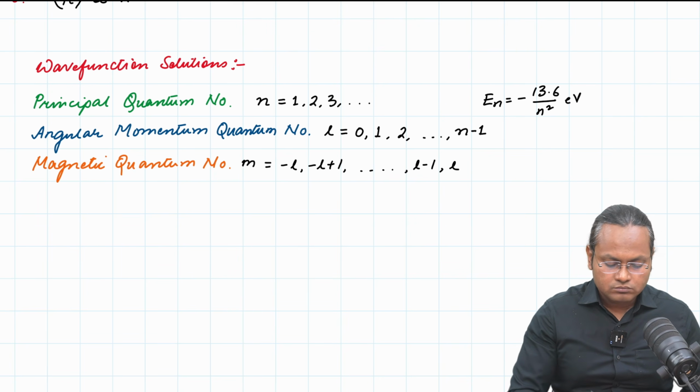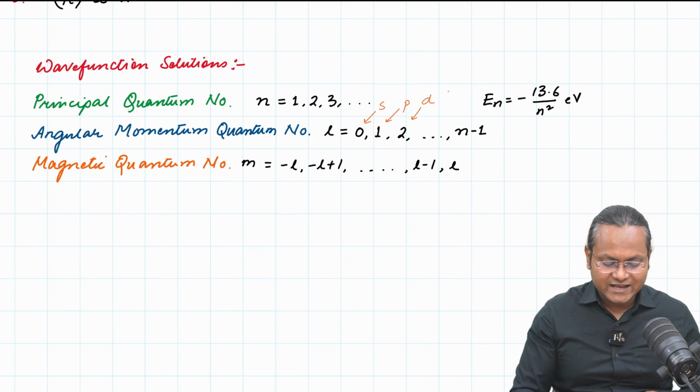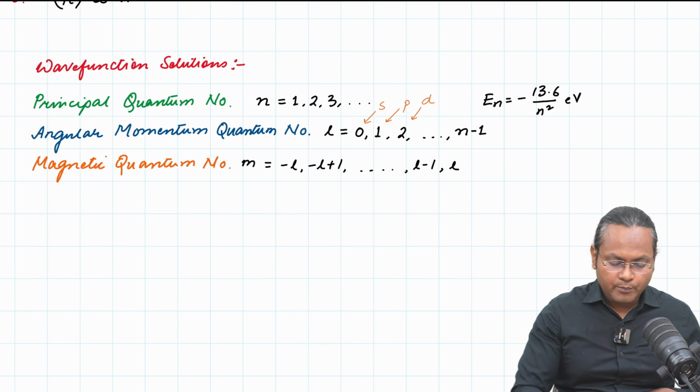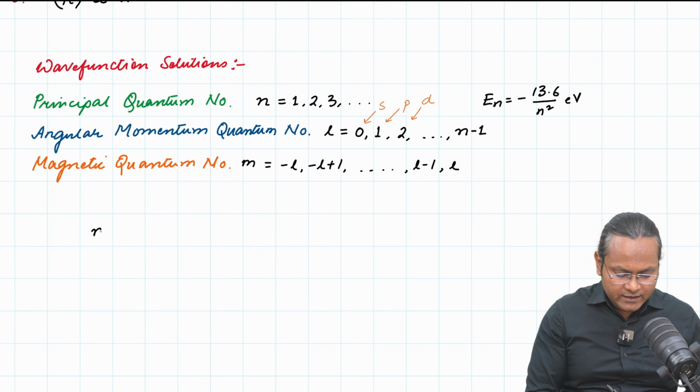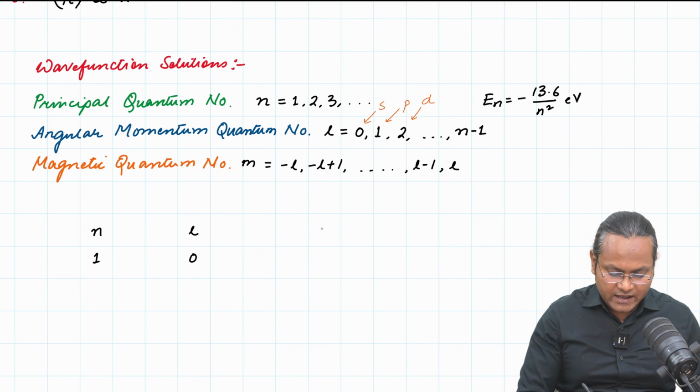Now, because of convention, L equal to 0 corresponds to s orbitals, L equal to 1 corresponds to p orbitals, L equal to 2 corresponds to d orbitals, and on and on. So if we draw a picture for n equal to 1, you can have L value 0 and M value 0.